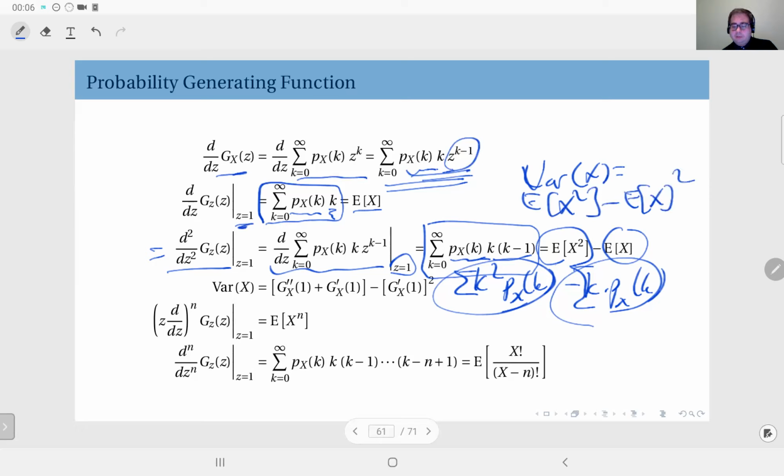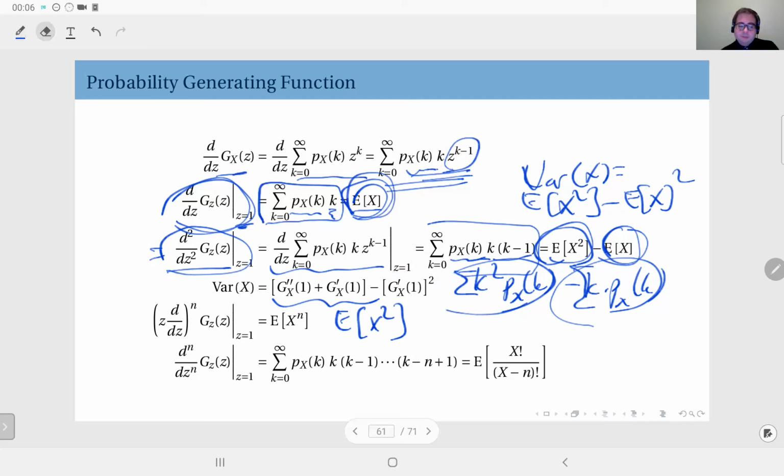Here I have the second moment minus the mean, and here I have the mean. Therefore, the second moment is this quantity, the second derivative evaluated at 1, plus the mean, the first derivative of the generating function evaluated at 1. You have the second moment here, minus the square of the mean, right?